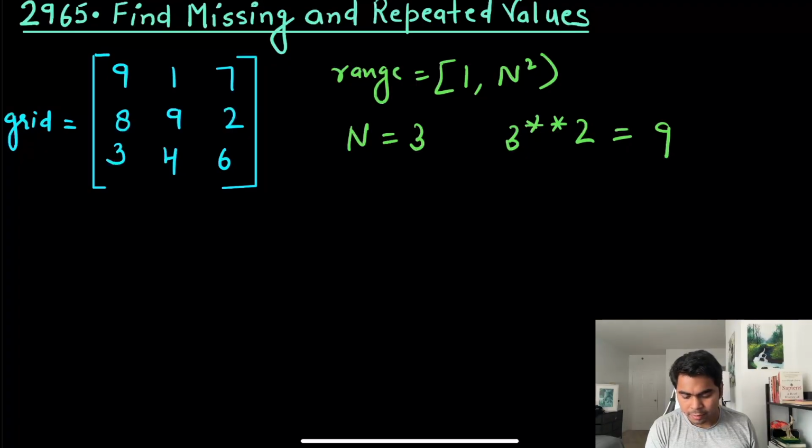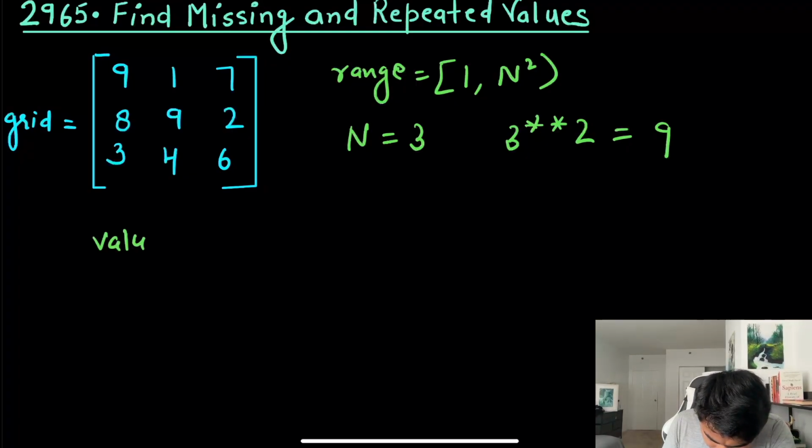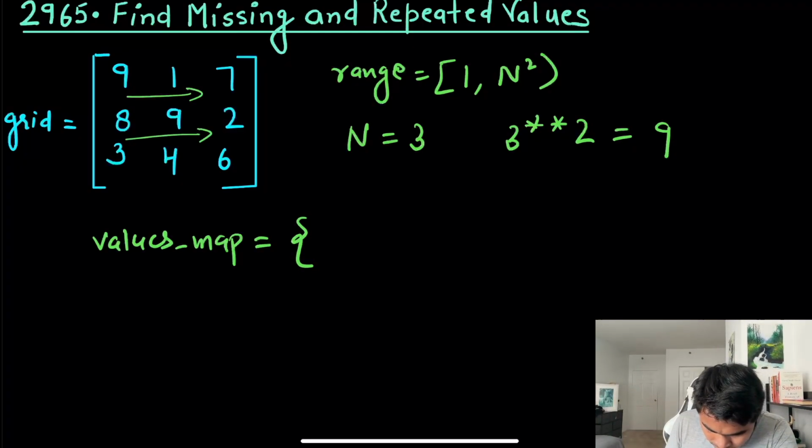We can use a dictionary to basically count each number's frequency. And after that, we can go through that hash map and see which value has appeared 2 times and which value has frequency 0, and we can return that as our answer. So I'll call it values map, and in the values map I will go through all of these values and put the frequency in my map.